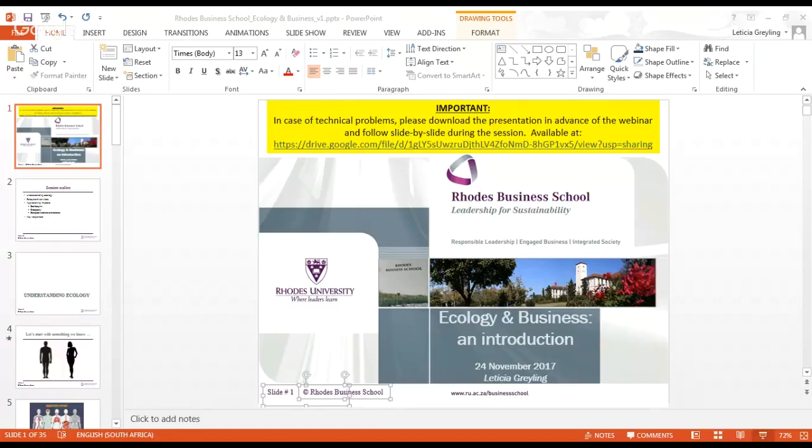So I do believe companies can become ecologically friendly. Even some of the traditionally quite destructive industries like mining might not be completely ecologically friendly, but we're seeing phenomenal work being done in the mining sector around rehabilitation of ecosystems.